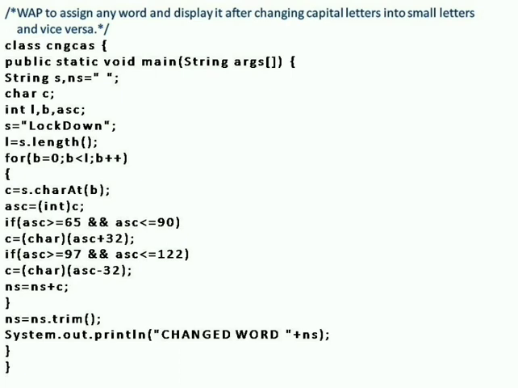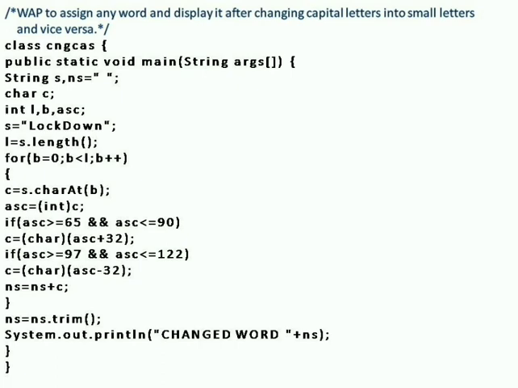Similarly, in the next line, we have checked for small letter. If ASC greater than or equal to 97 and ASC less than or equal to 122, that means if it is within the range of small letters, then we'll do the opposite thing.